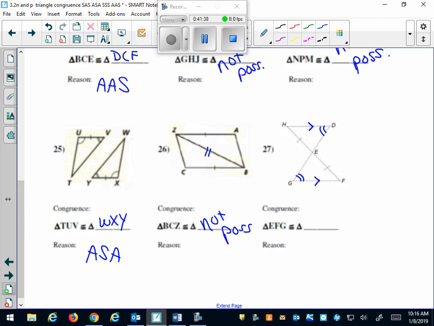So if they're parallel, angle D and angle G would be congruent, but so would H and F. Those are alternate interior as well. We also have vertical angles. So we have all sorts of possibilities here. EHD would be the order. This would be either ASA or AAS, depending on which angles you want to use.